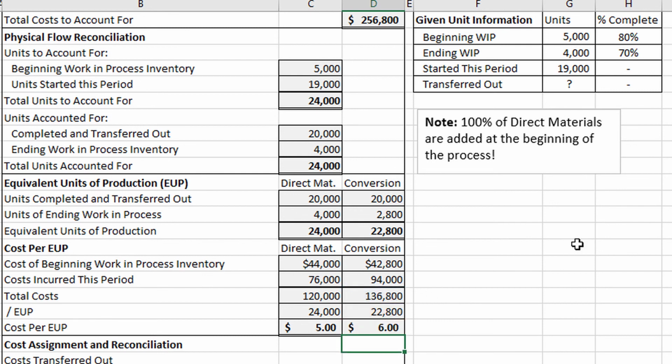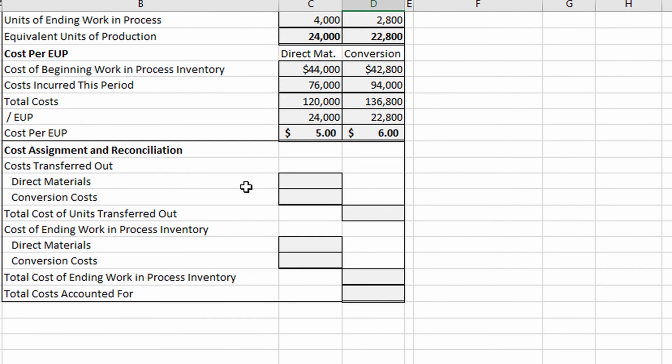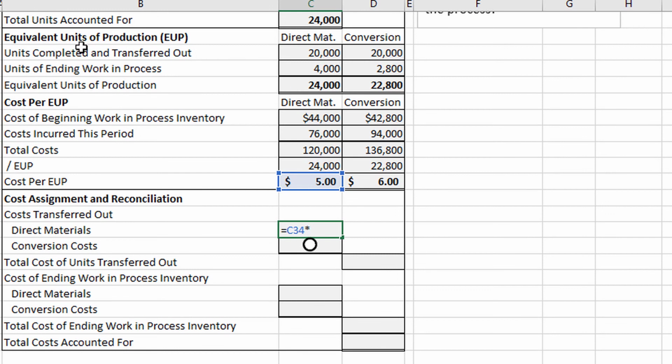So next, now that we have our cost per equivalent unit for direct materials and for conversion costs, we can take this $256,800 and assign that now to the cost transferred out and the cost of ending work in process inventory. So first, for the cost transferred out, we have the direct materials. The direct materials are $5 per unit, and then we can multiply that by the equivalent units completed and transferred out, which is 20,000.